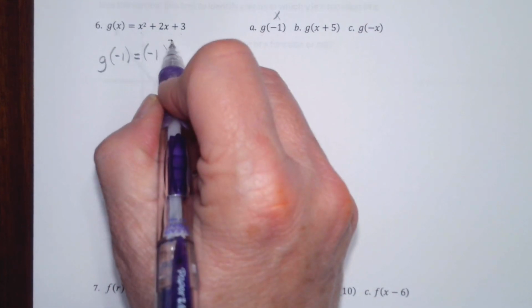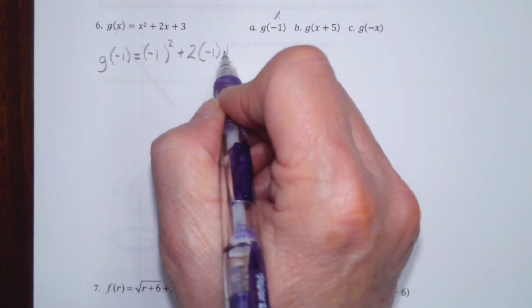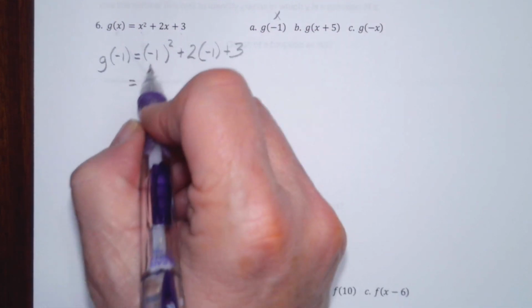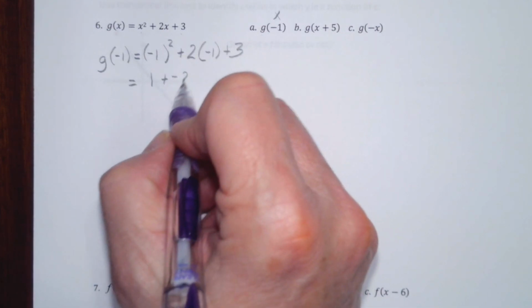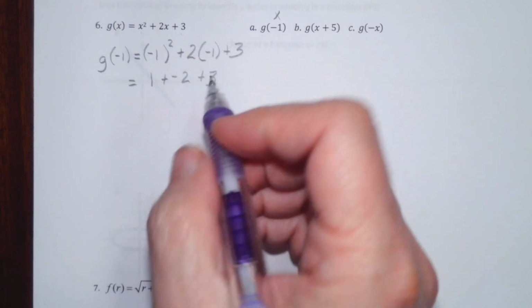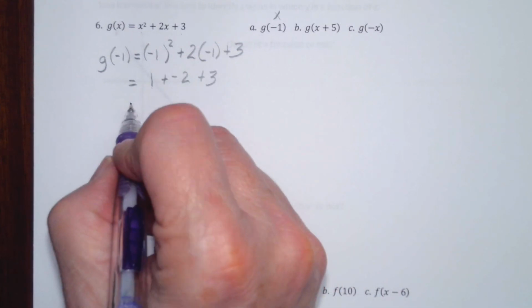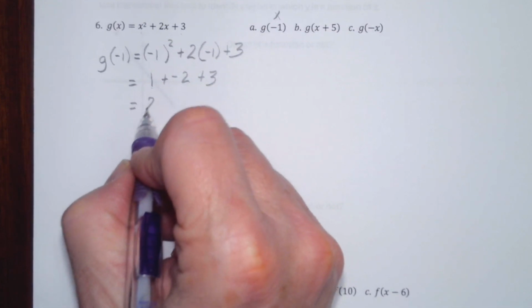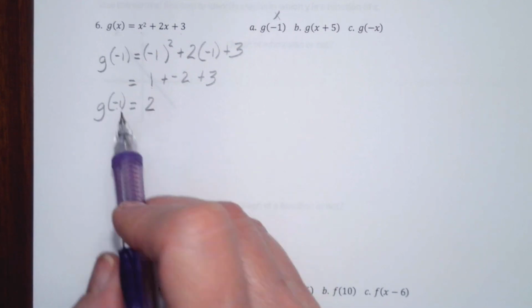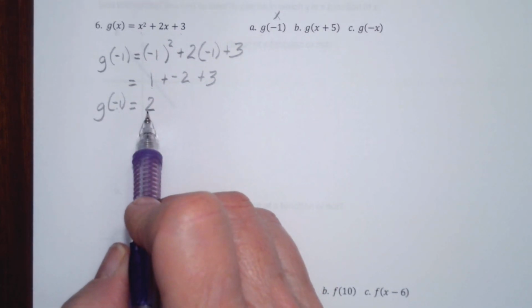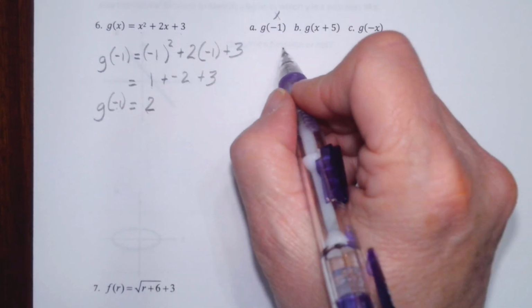So negative 1 squared plus 2 times negative 1 plus 3. Negative 1 times negative 1 is 1, plus 2 times negative 1 is negative 2, plus 3. So 3 plus 1 is 4, plus negative 2 gives us a 2. So if we input a negative 1, our output, or our y value, is going to be 2.